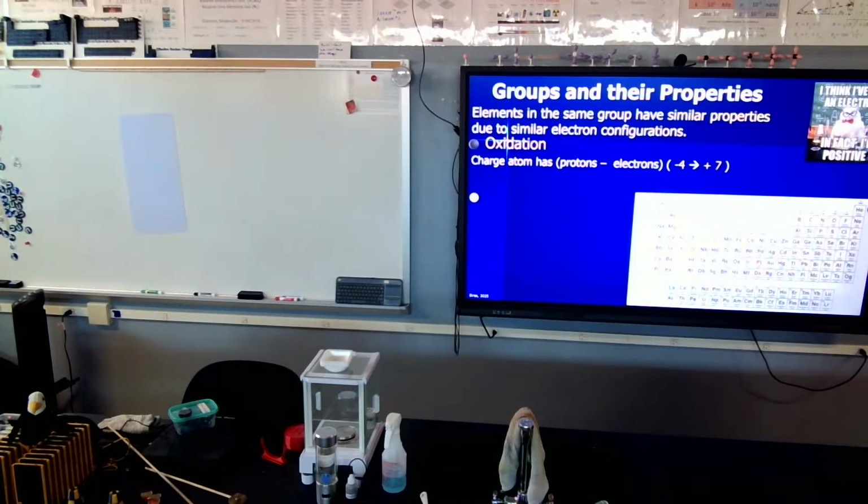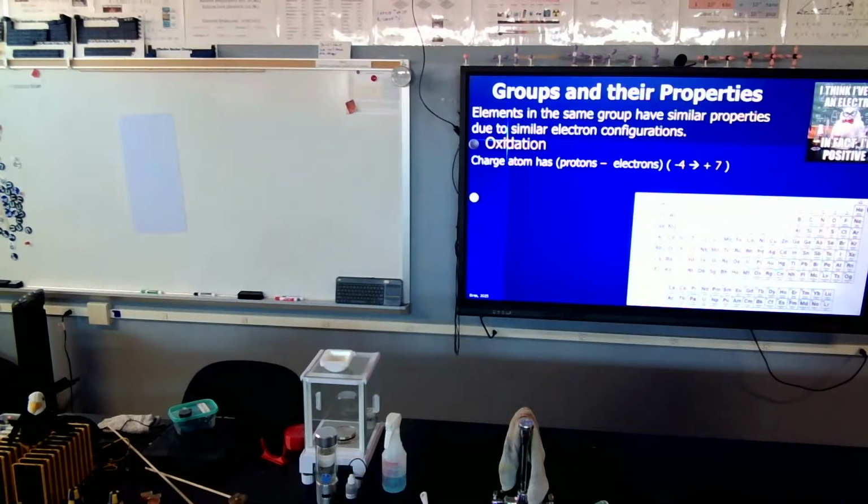If an atom gains an electron, which is negatively charged, what will its oxidation be? -1. If it gains an electron, its oxidation is -1. If it gains 2, it's -2. If it loses a negative electron, what will its oxidation be? +1, exactly.